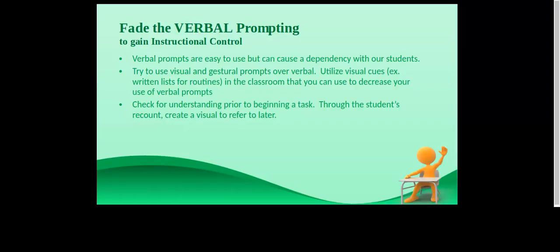Make sure that all students are able to recount exactly what the steps of that assignment or task may be, and then create a visual that they're able to go back and refer to. That allows you to eliminate yourself as that additional verbal prompt to bring them back on track.